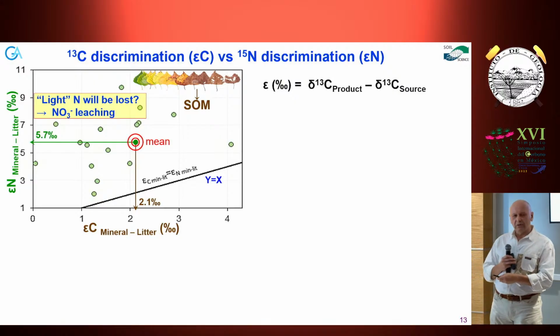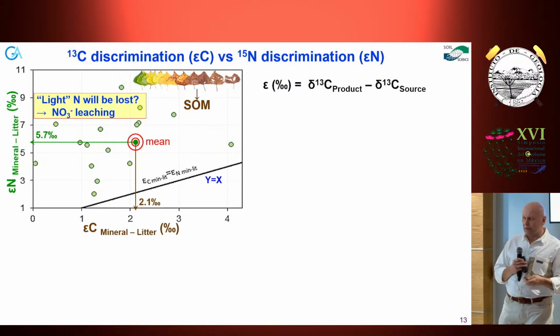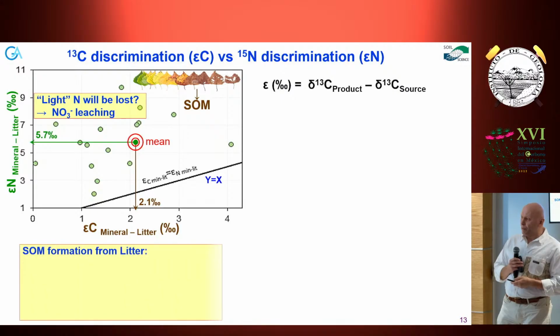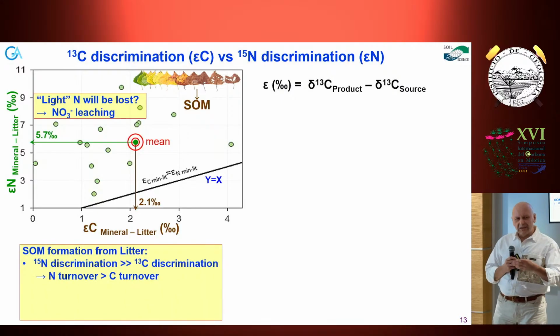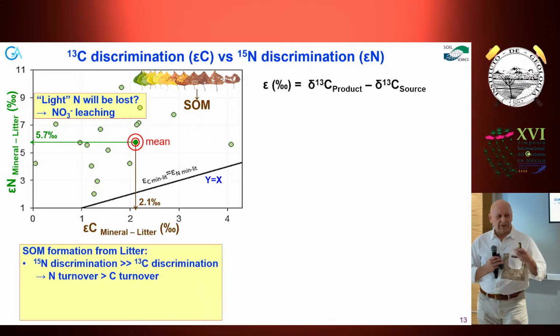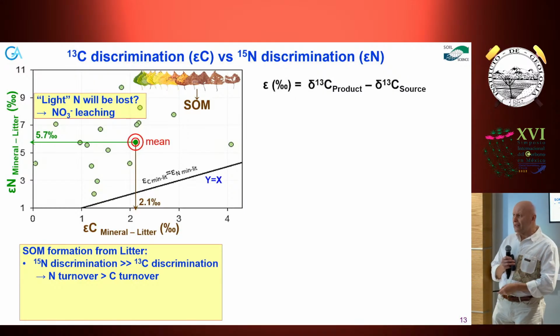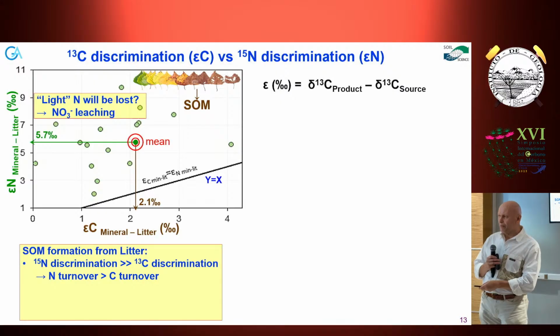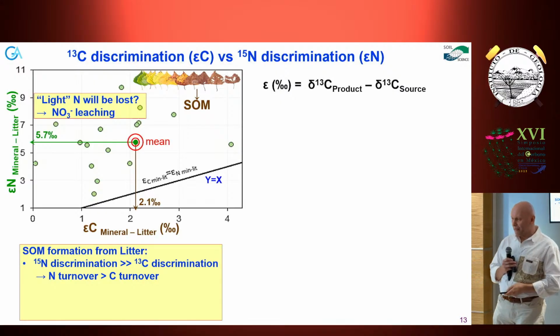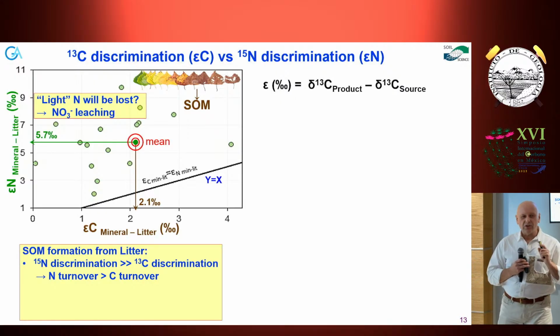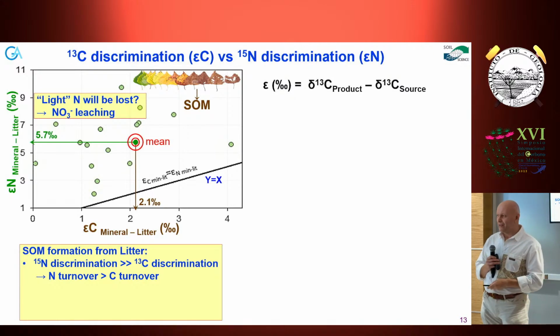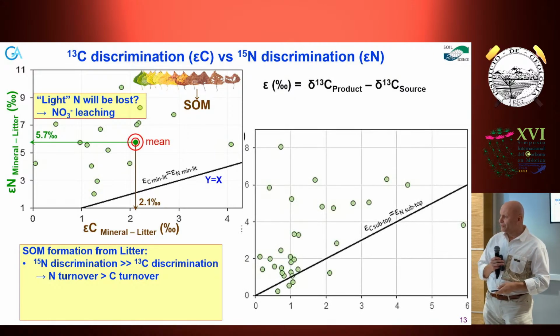Maybe it's leaching, maybe these are some gases, but it is an important conclusion that discrimination of nitrogen from the same compounds, from the same plant residues, is much stronger compared to the discrimination of carbon. And it means that the nitrogen turnover is ongoing faster than the turnover of carbon.